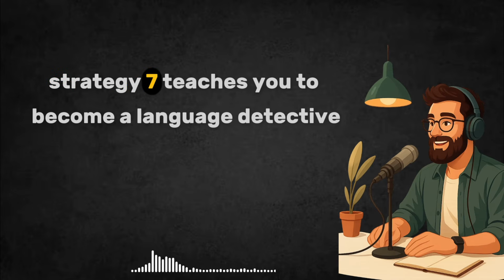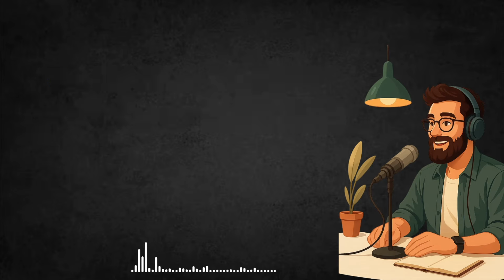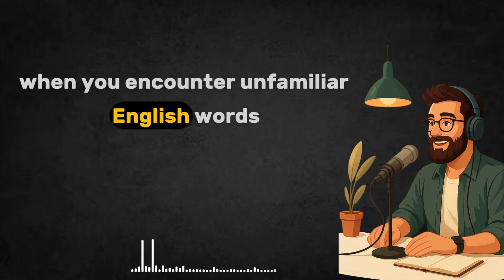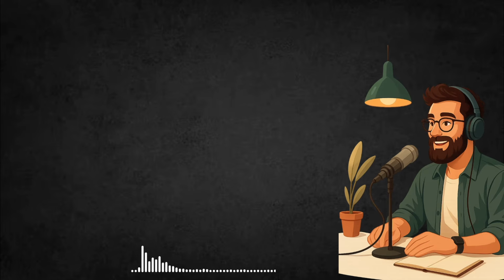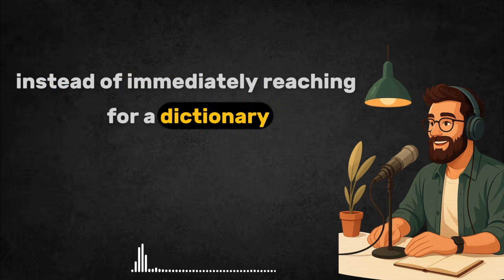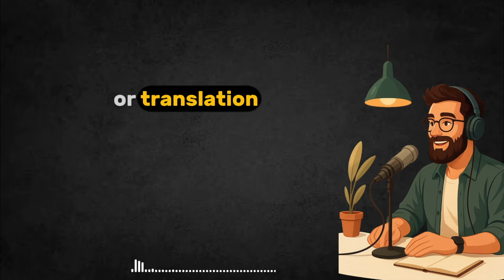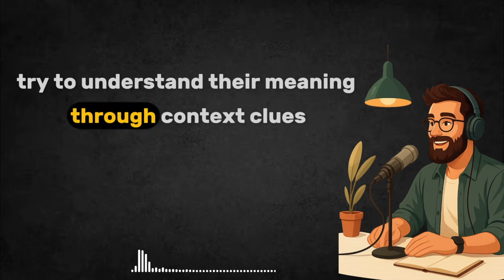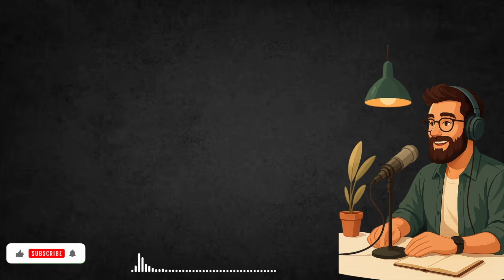Strategy 7 teaches you to become a language detective. When you encounter unfamiliar English words or expressions, instead of immediately reaching for a dictionary or translation, try to understand their meaning through context clues.